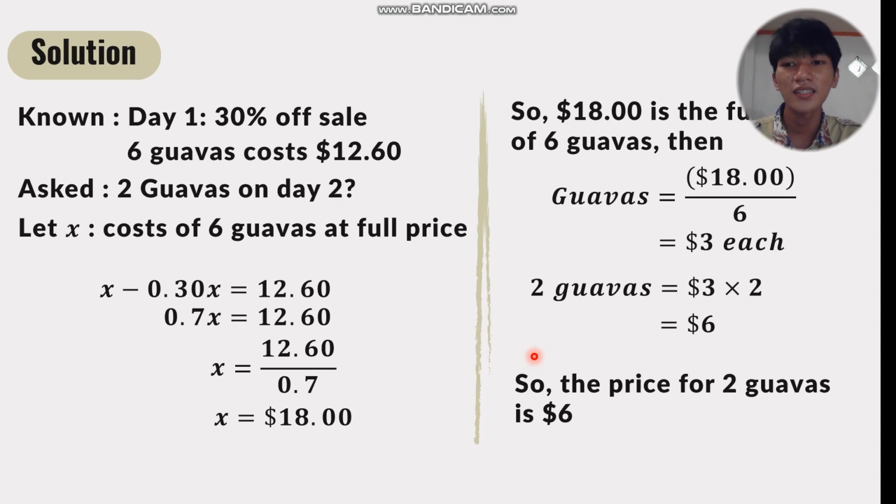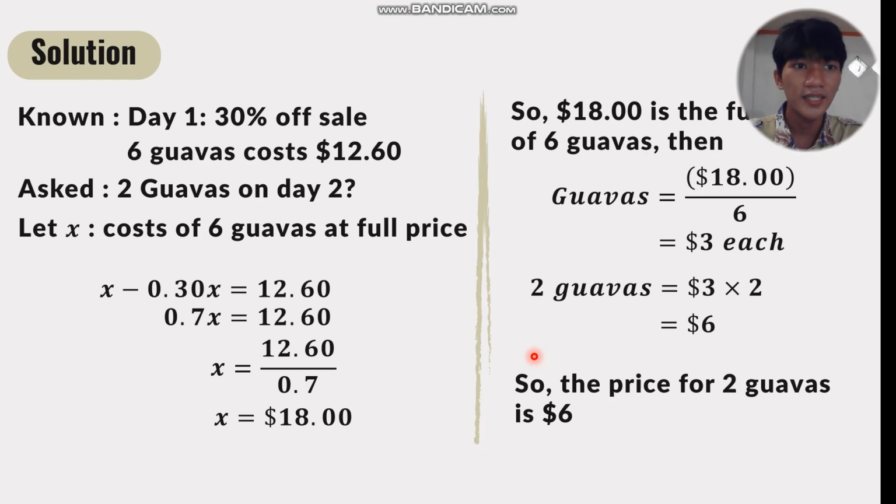So x minus 30 over 100, or 30%, or 0.30x, is 12.60, and we have 0.7x is 12.60. And the value of x is 12.60 divided by 0.7.